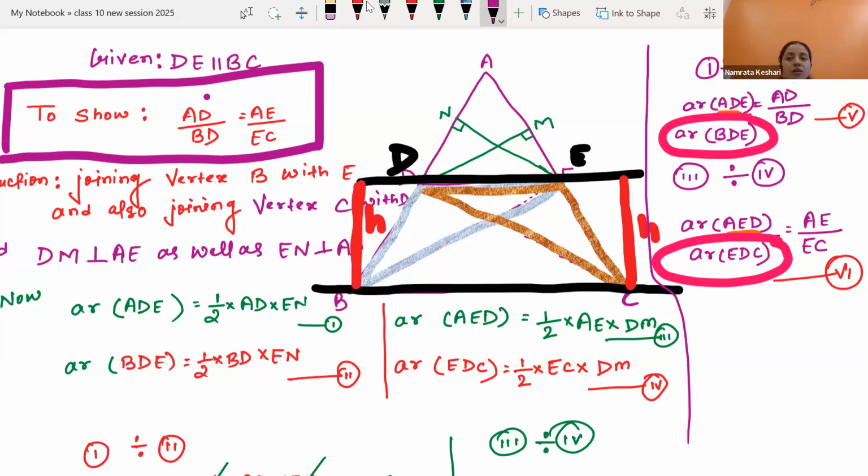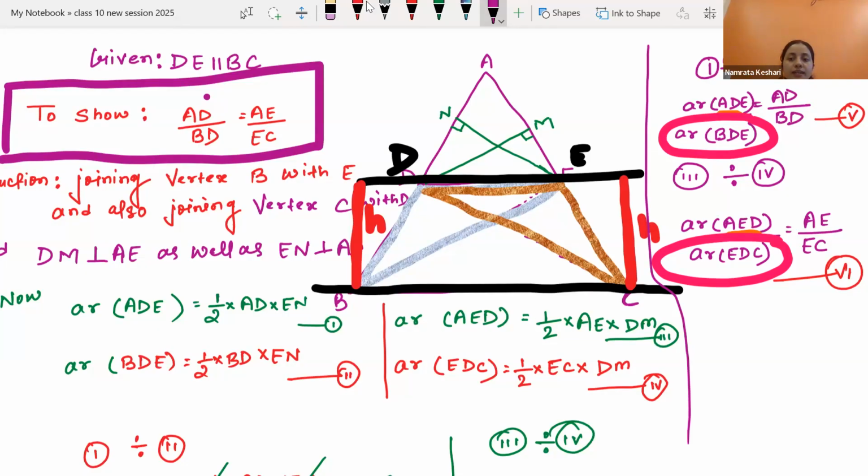So for the pink circled part, area of BDE and area of EDC, I am going to write that area of BDE is equal to area of EDC. That means the silver one and the golden one contain same area.